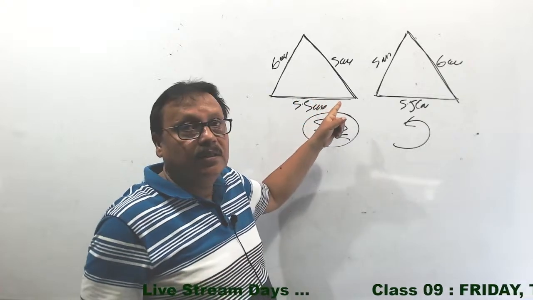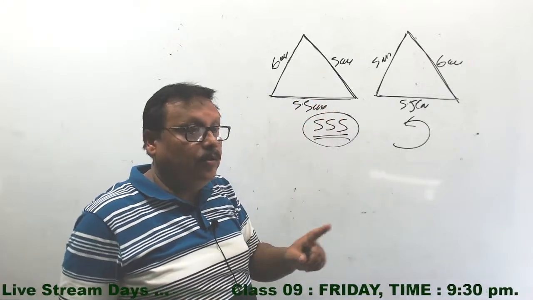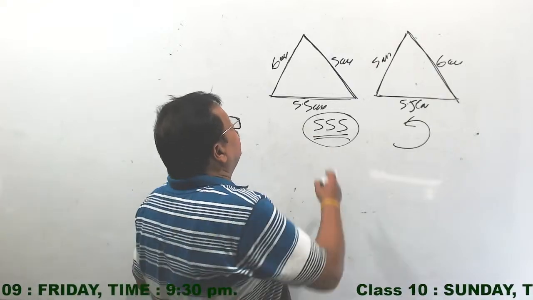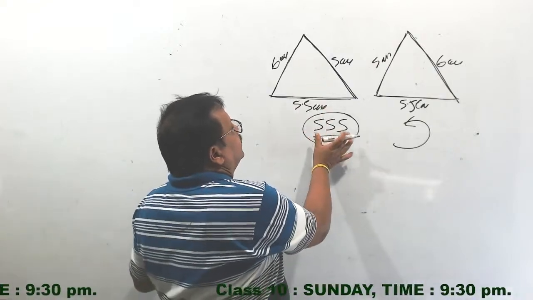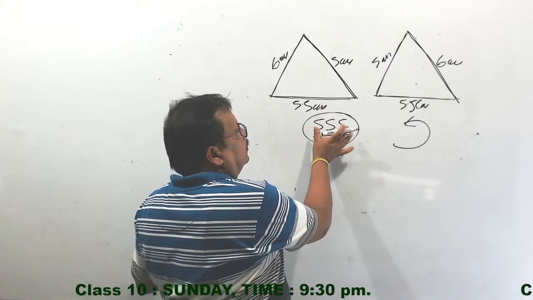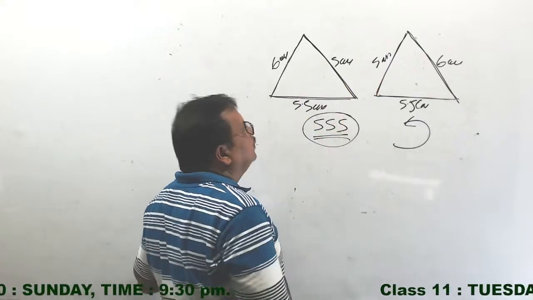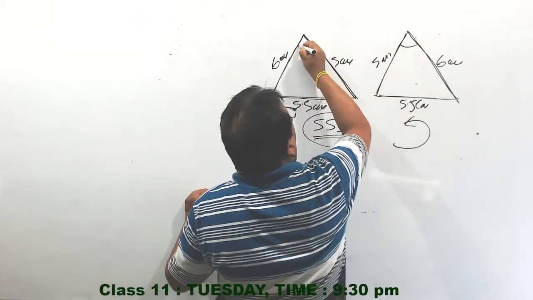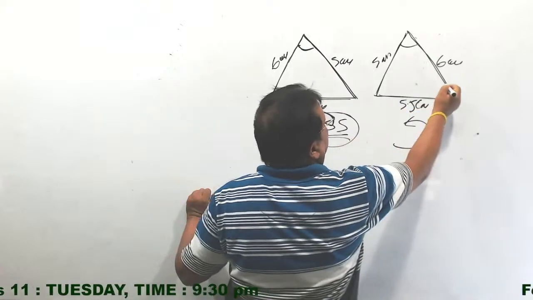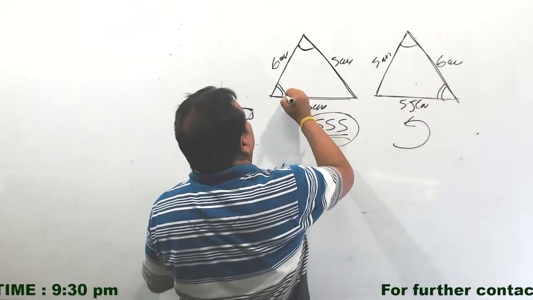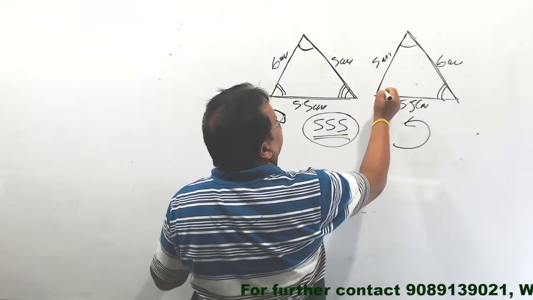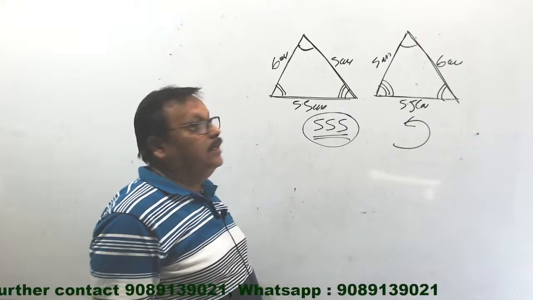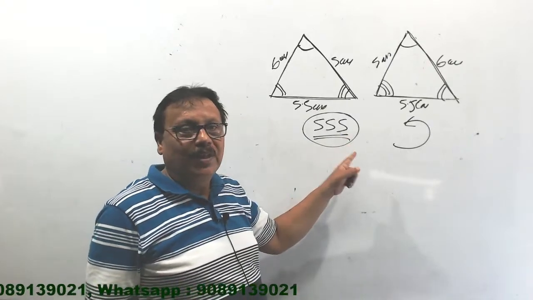What about the angles? There is no question regarding the angles, but after proving the 2 triangles are congruent, the corresponding angles also will be equal. This angle will be equal to this angle, and this angle will be equal to this angle. Understood? That is by CPCTC. Clear?